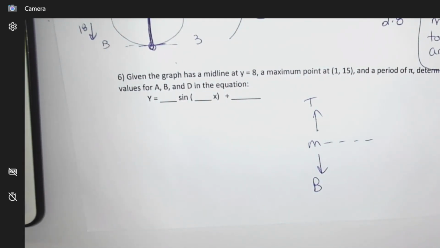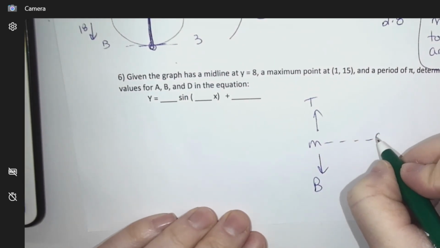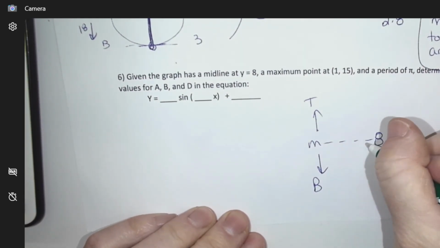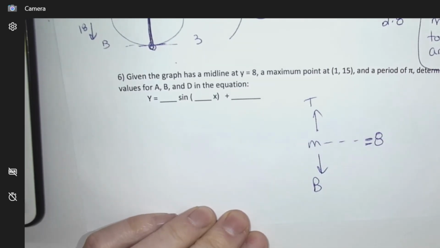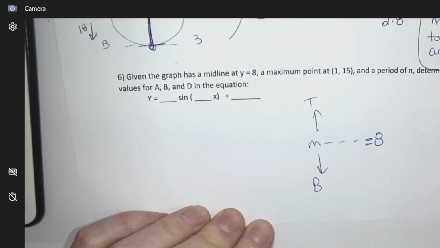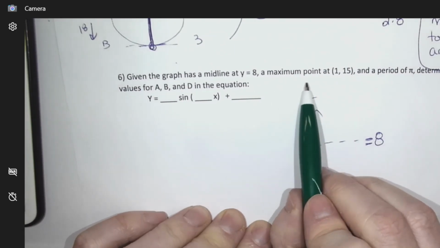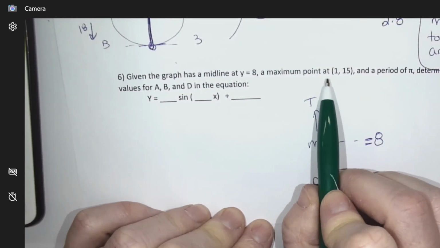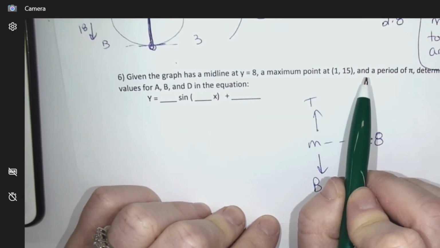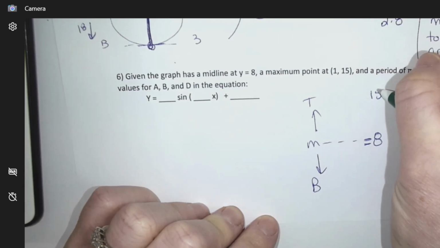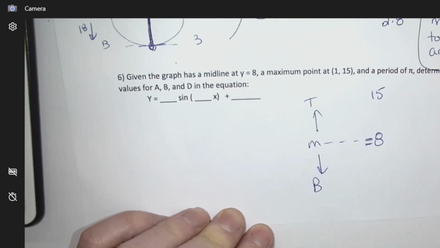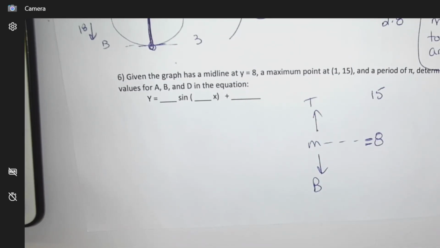Can I do any of my little things there? Middle is 8. I had a maximum point at 1, 15. So here's what I want. I just want the 15. I don't care about the 1 part of it. I'm just trying to figure out the height.